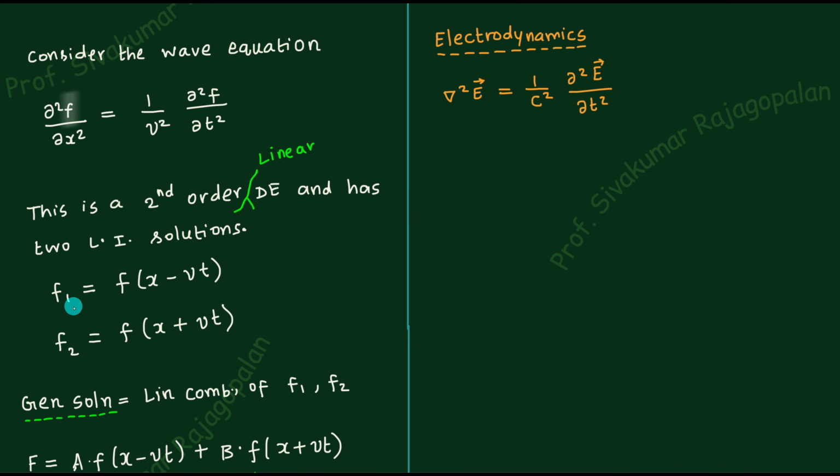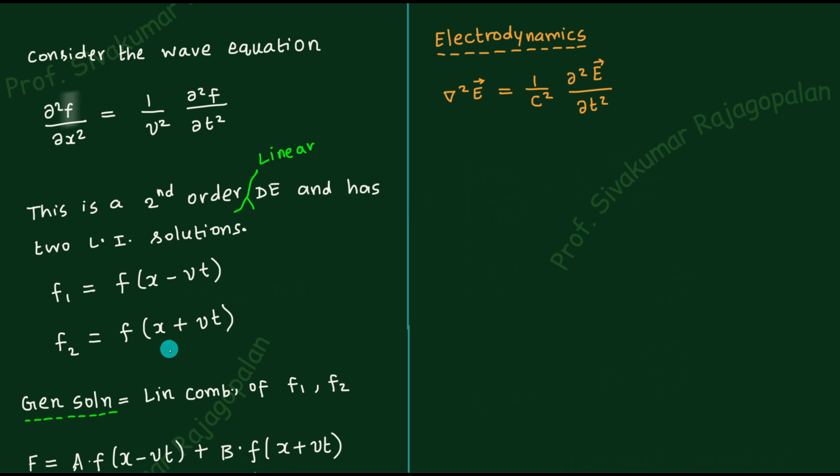Now we are going to say that it has two linearly independent solutions. One linearly independent solution, clear to you from our graph, is f of x minus vt. Here f means any function that you are going to consider. This is the first linearly independent solution.